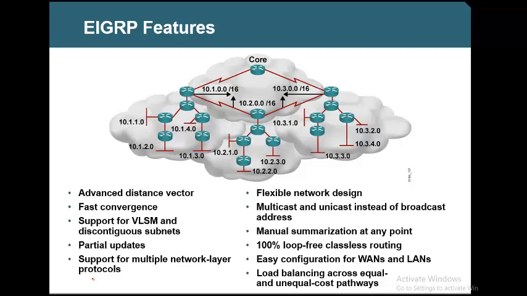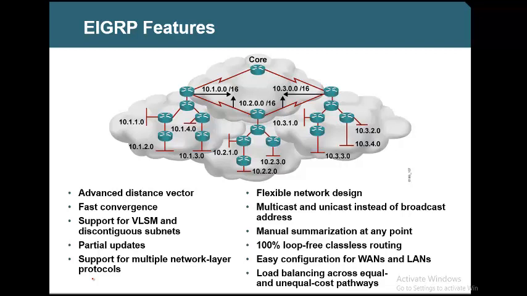If you take RIP, it sends a complete routing table, which is going to consume a lot of bandwidth. Not only that, the receiving router needs to process many route information.